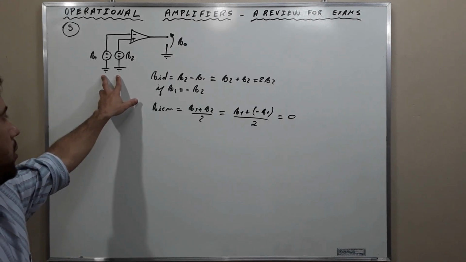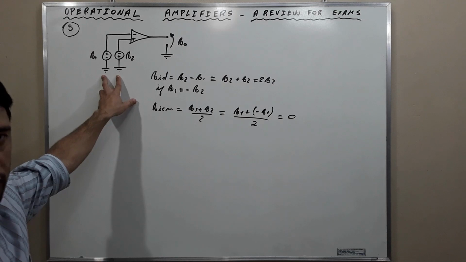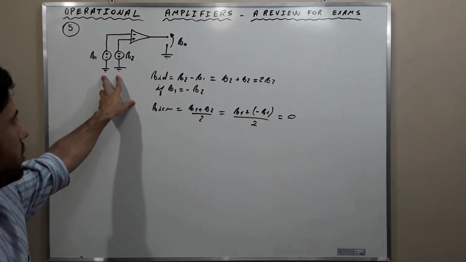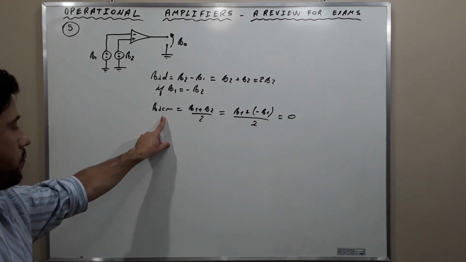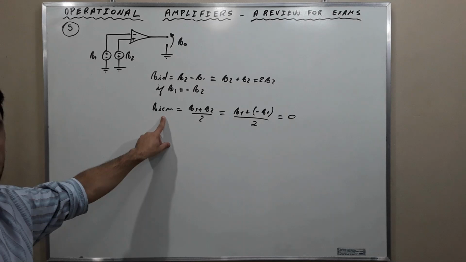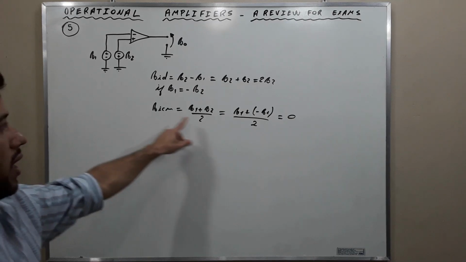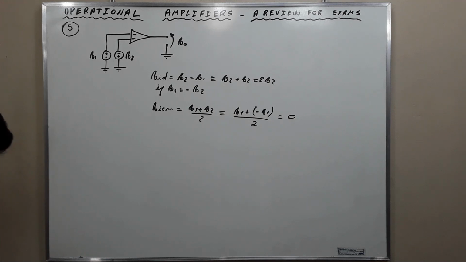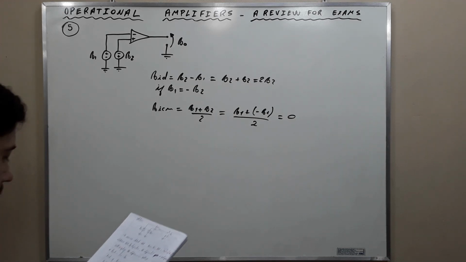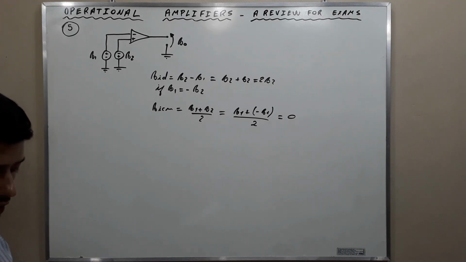If they are perfectly equal in magnitude but opposite in sign, then we are rejecting common mode signals and we are amplifying only the difference. What is the conclusion that we get from this? Consequently, only the difference is being amplified, okay?